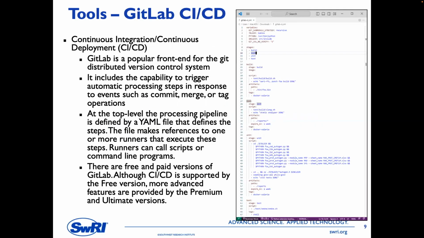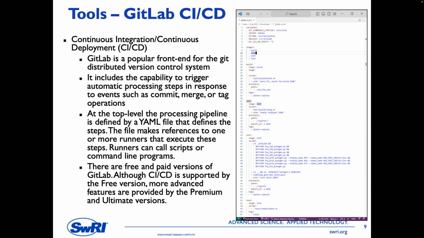First of all, for GitLab, the continuous integration and continuous deployment tool, they have a very simple YAML textual language that you can use to define the steps that you use in your processing pipeline.